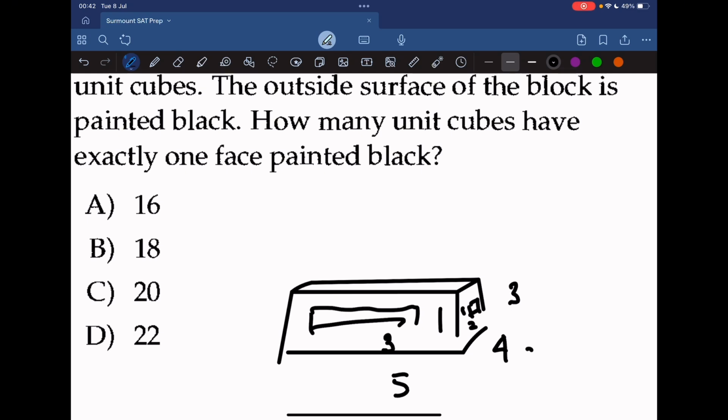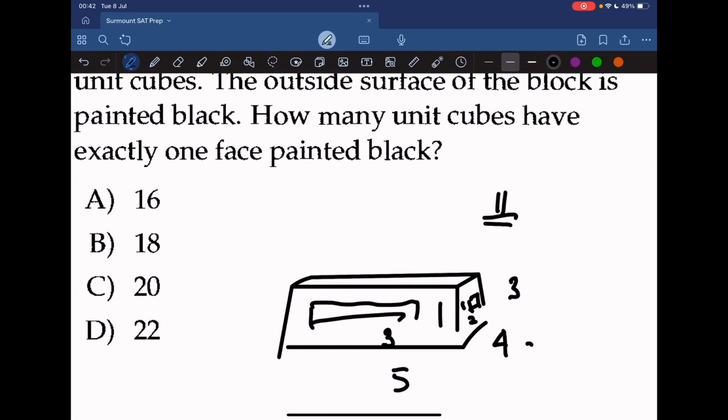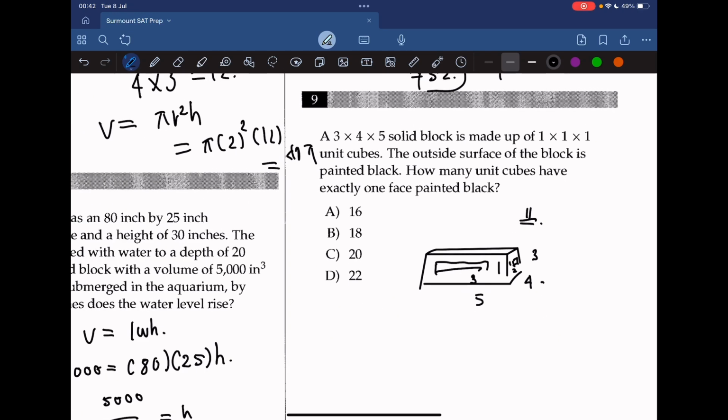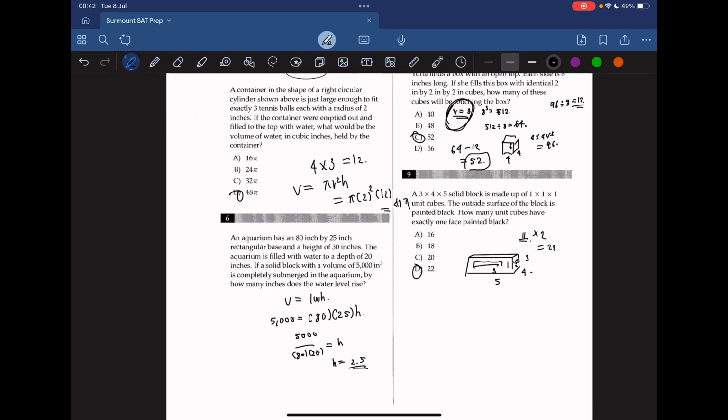So we have 3 plus 2 plus 6, which means we have 11 of these cubes. Because that's what we did for the top side and the front side, we still have to consider the back, the left, and the bottom. So we just multiply this value by 2, and we'll get 22.